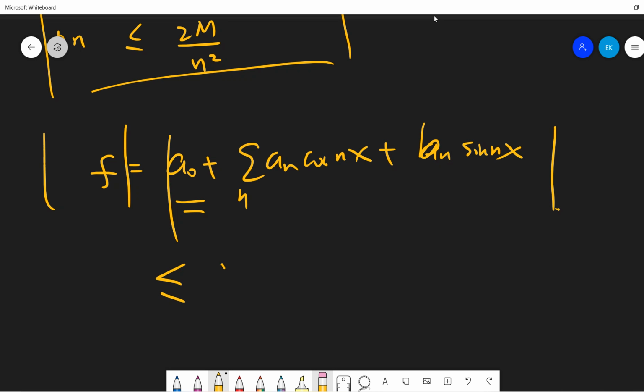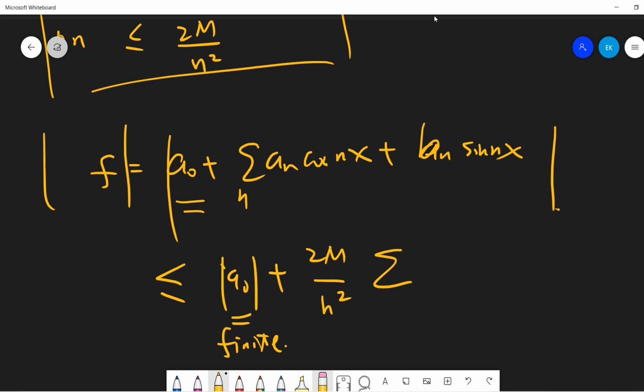So a naught is a finite number, plus the terms bounded by 2M divided by n squared, and also b n.